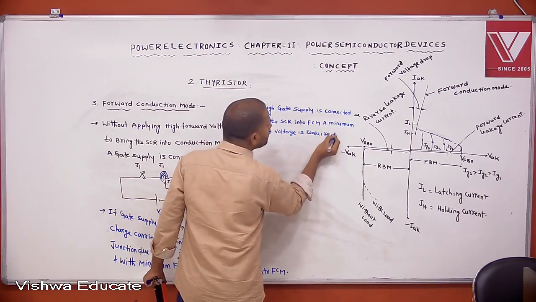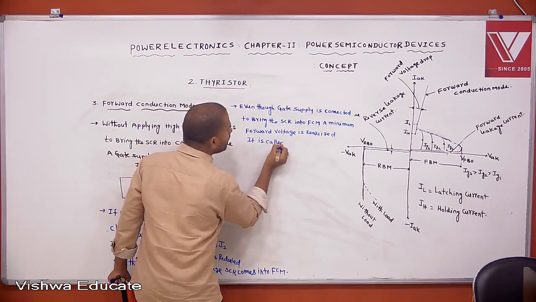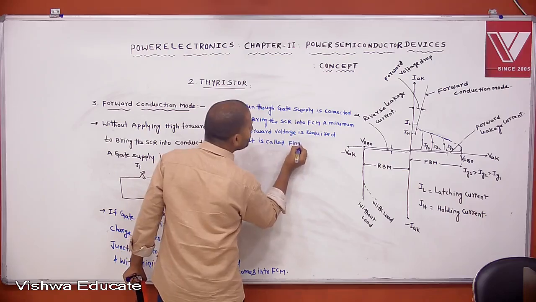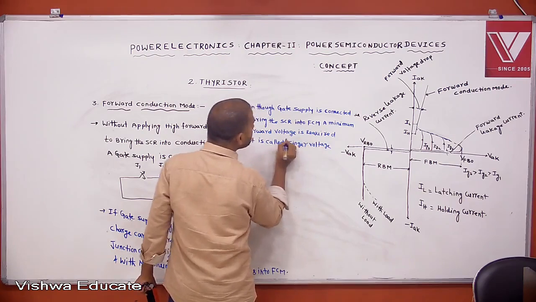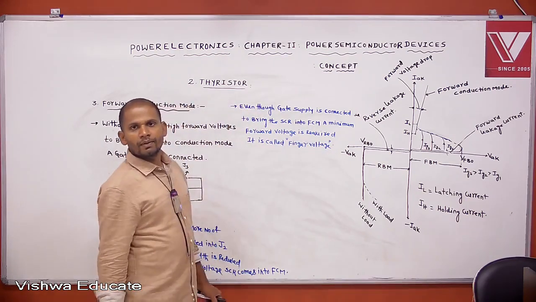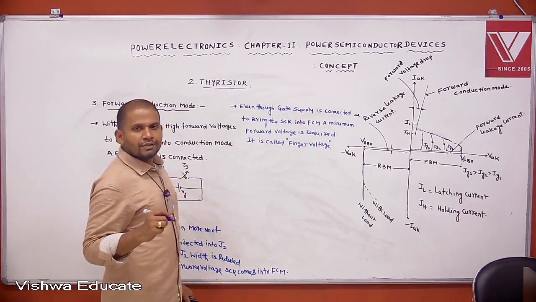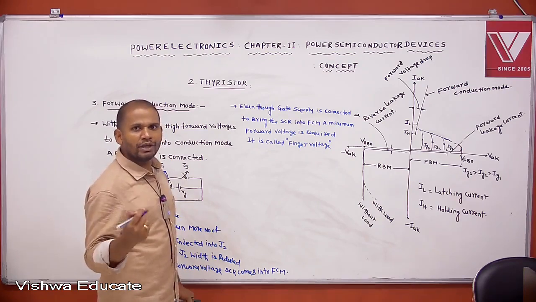This minimum forward voltage is called finger voltage. Concentrate. That is, you must connect gate supply, but some minimum voltage is required.